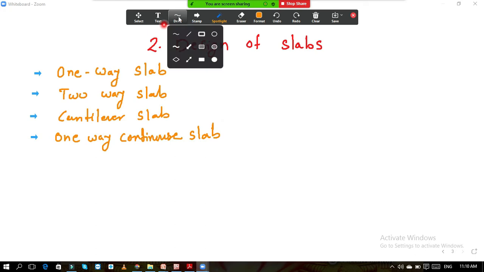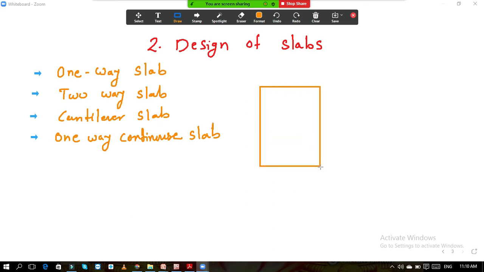Now what is the one-way slab? If I draw the diagram of the slab, suppose this is the slab. This is the plan, if you are viewing it from the top view.